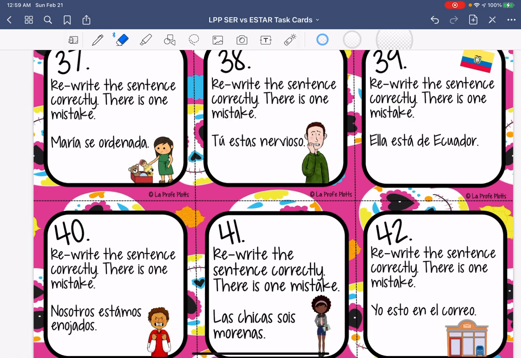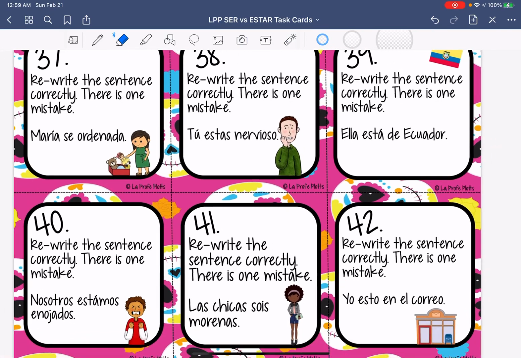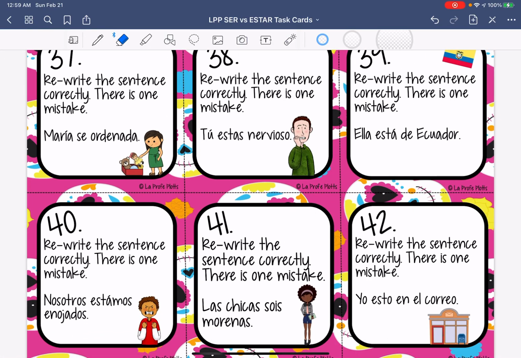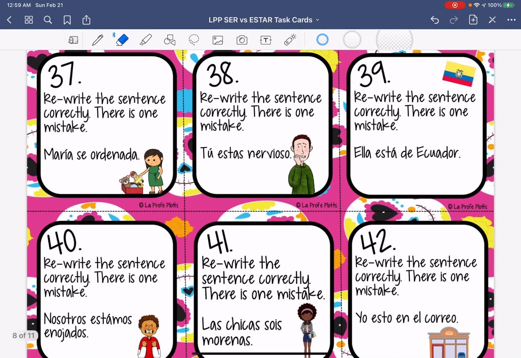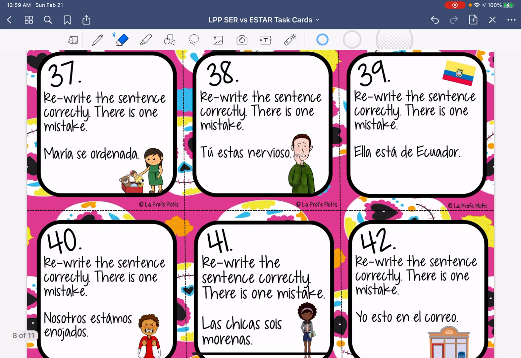The first sentence that you have to correct and type correctly is the following. So number 37. María se ordenada. You need to find the mistake and retype the sentence, fixing the mistake.